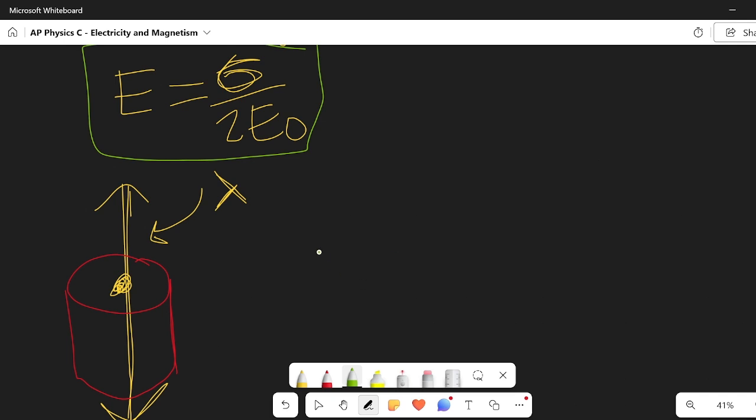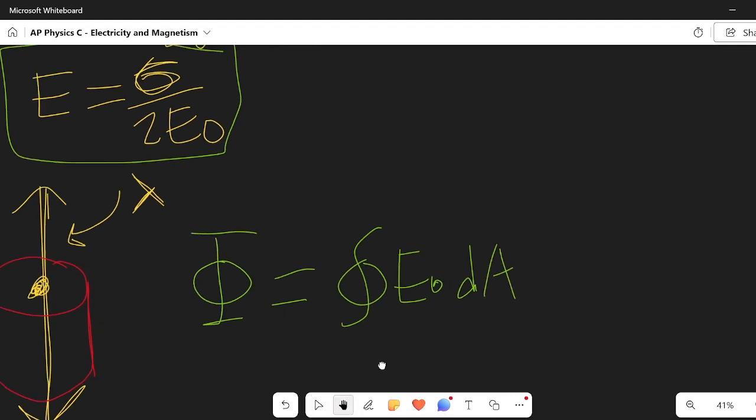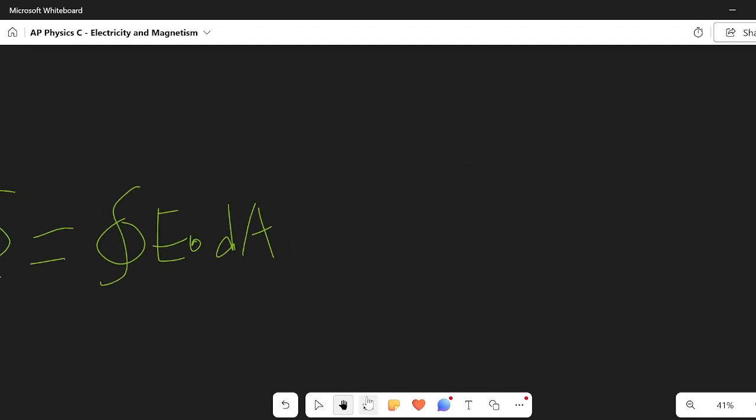So in order to evaluate the electric flux, the flux will be equal to the enclosed area of E times dA. Like we said, we're going to isolate these into several integrals.